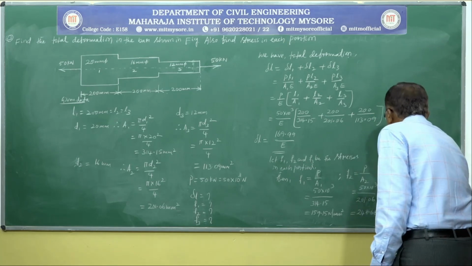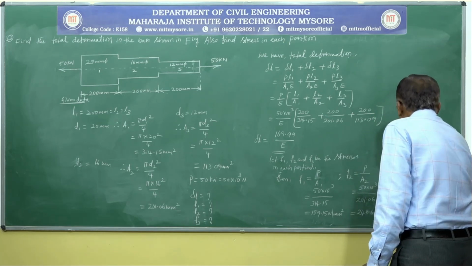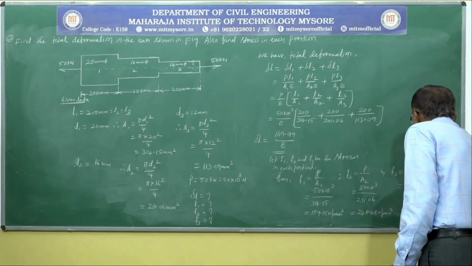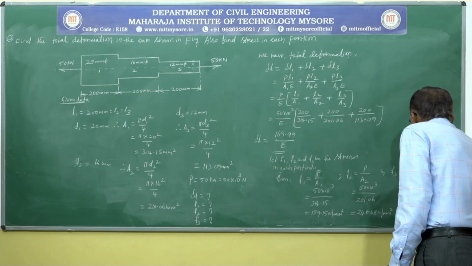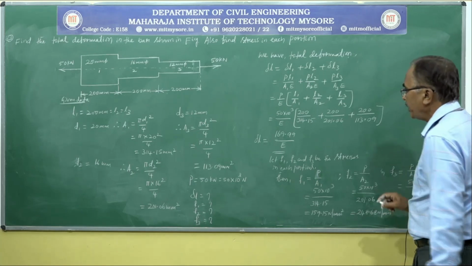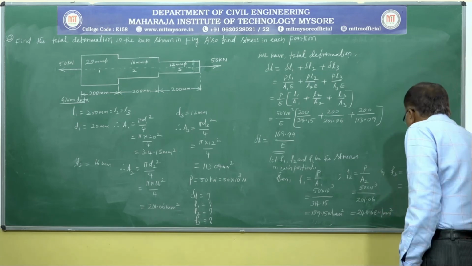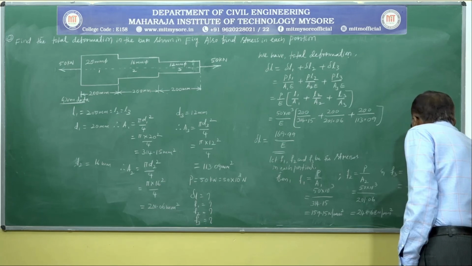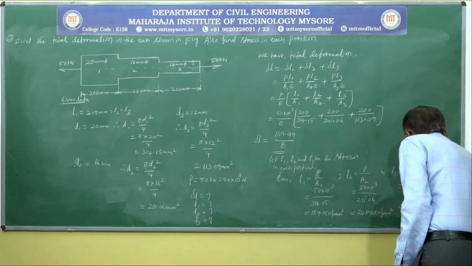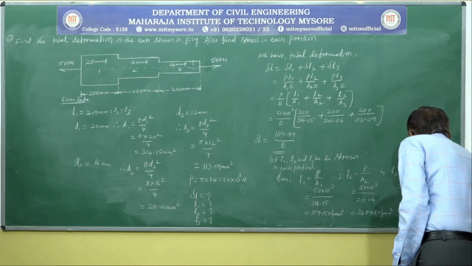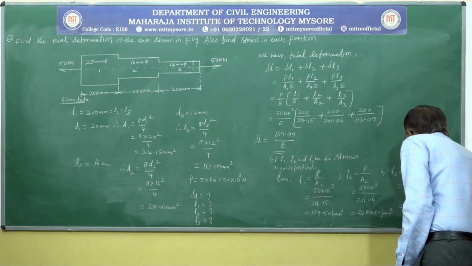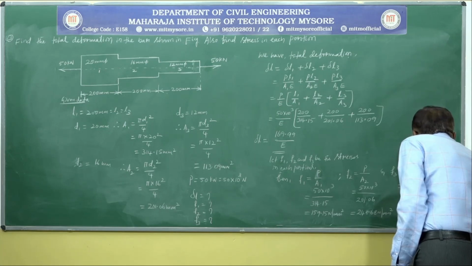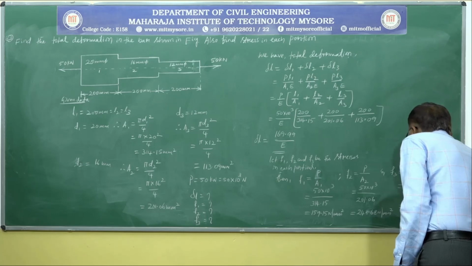And F3 is equal to P by A3, that is equal to 50 into 10 power 3 divided by A3, which is 113.09, that is equal to 442.12 Newton per millimeter square.